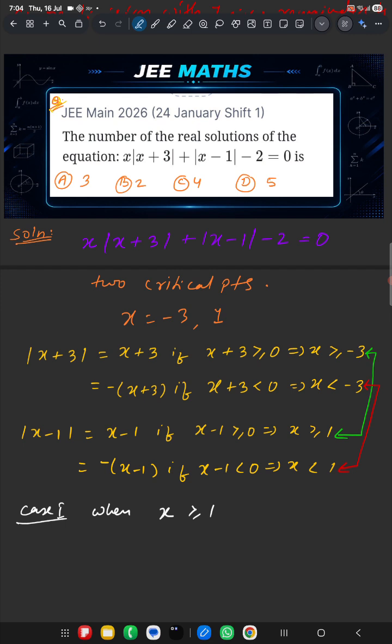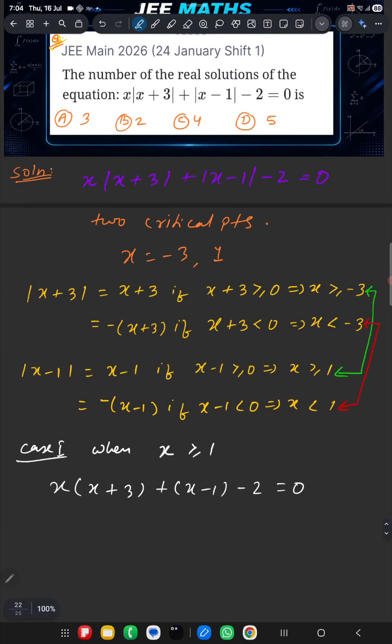In that case, both modulus functions give a positive value, so we just write the positive one: x + 3, no change; x − 1, no change; equal to 0. Now we will solve this simple quadratic equation. It changes to x² + 3x + x − 1 − 2 = 0. This gives x² + 4x − 3 = 0.